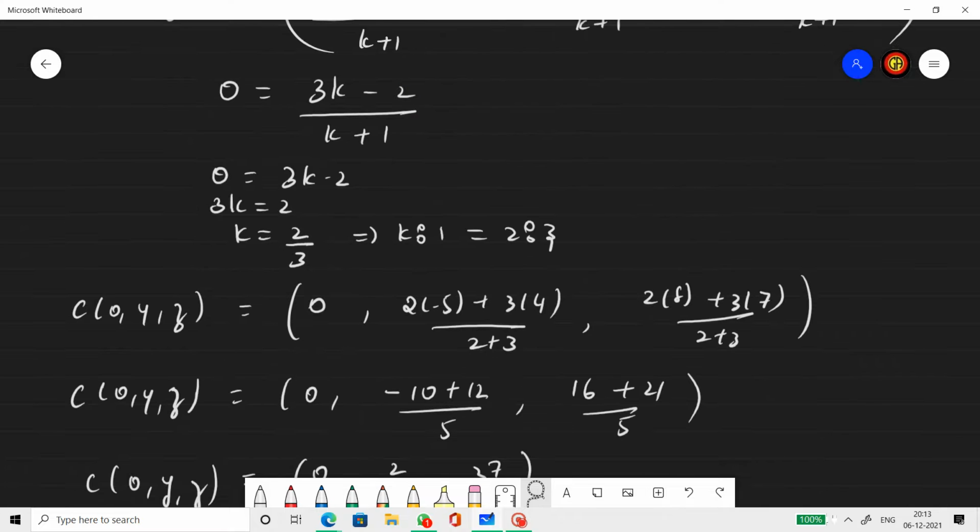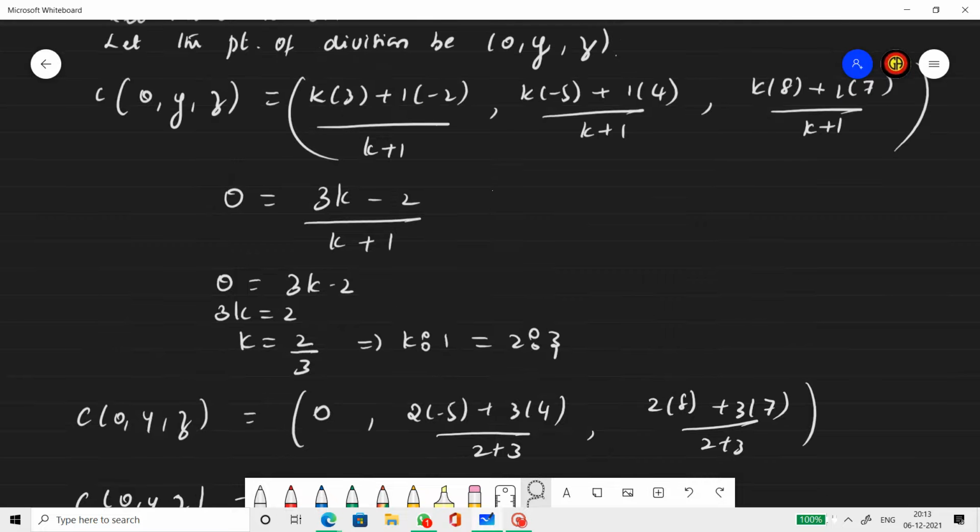Now here, unlike the previous one where we can equate x, y or z, here it is not possible because y is missing, here k is also missing. So equating y coordinate to this will not be of much use to you. I mean, it won't give you anything because there are two missing values over there.